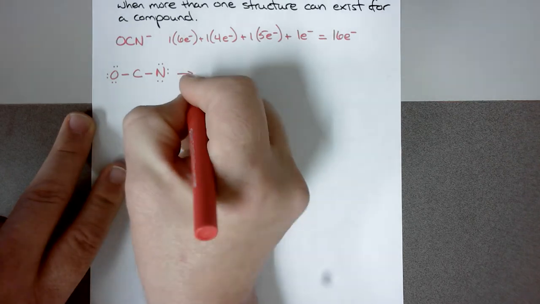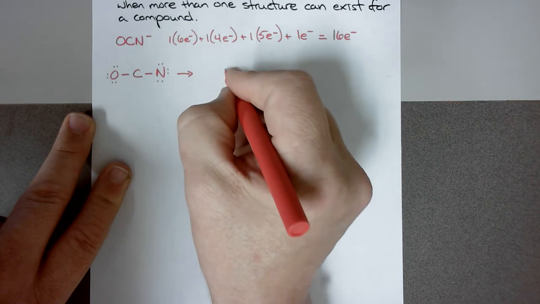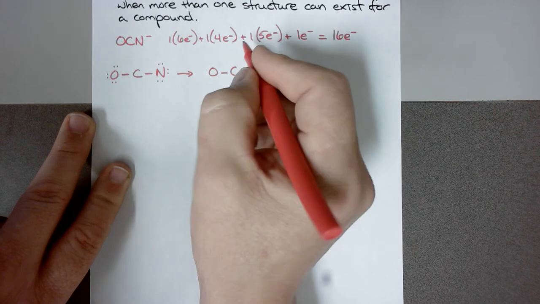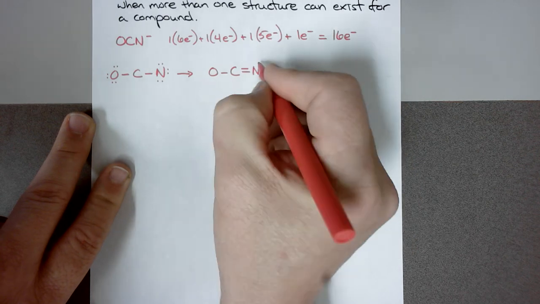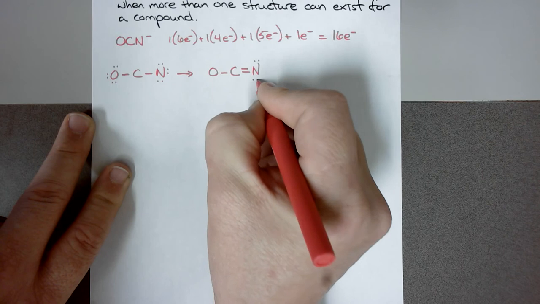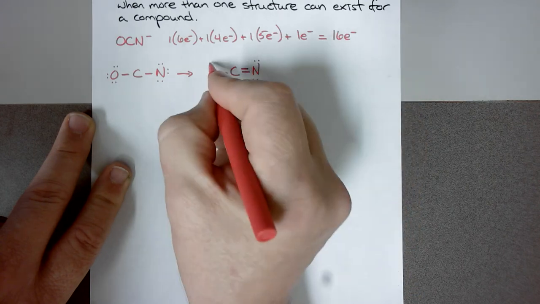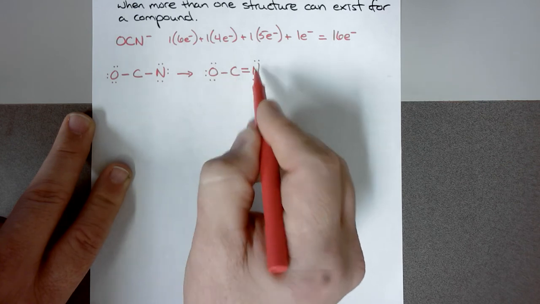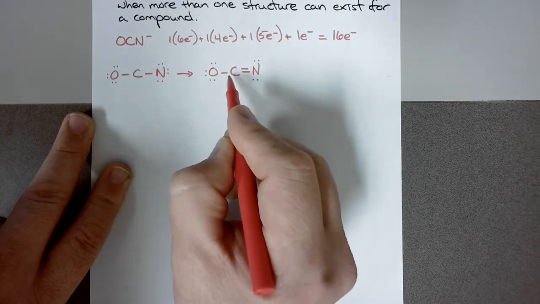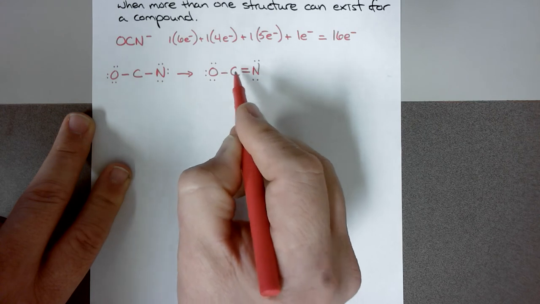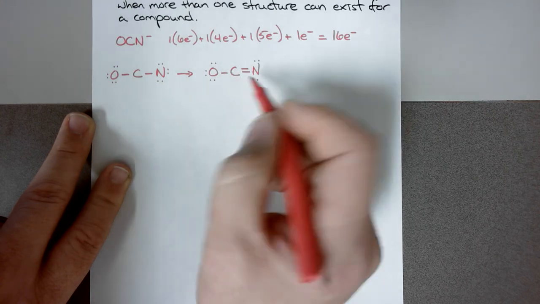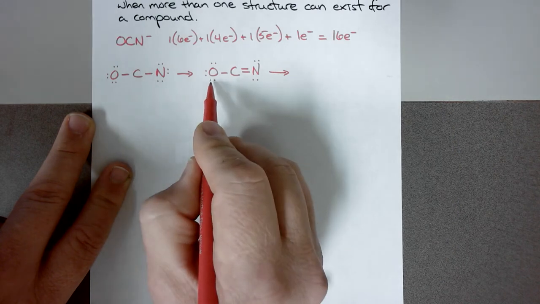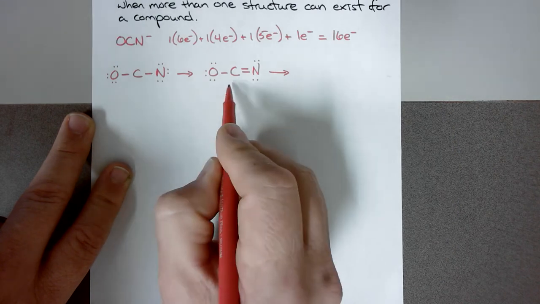So the next possible structure is oxygen, carbon, nitrogen, and so I have a double bond here. I'll have 1, 2, 3, 4, and 2, 4, 6. So I still have 2, 4, 6, 8, 10, 12, 14, 16. My carbon is still not complete yet. It only has 6. So we're going to take from the rich. Now this time oxygen has more lone pairs than nitrogen, so I'm going to take from the oxygen.